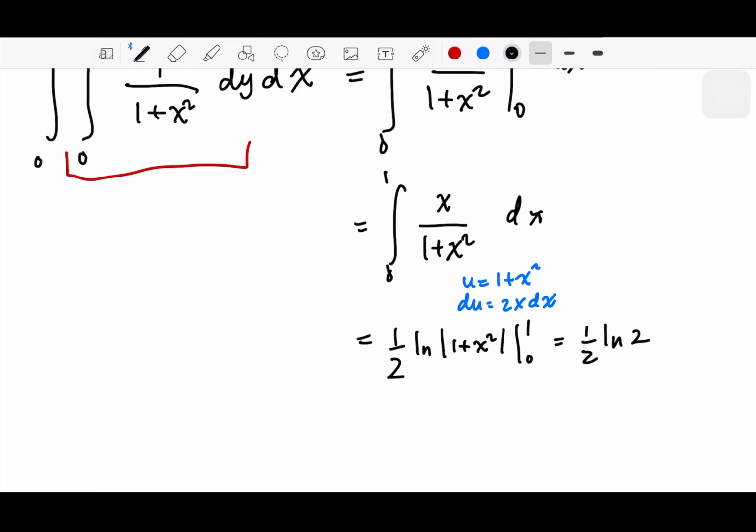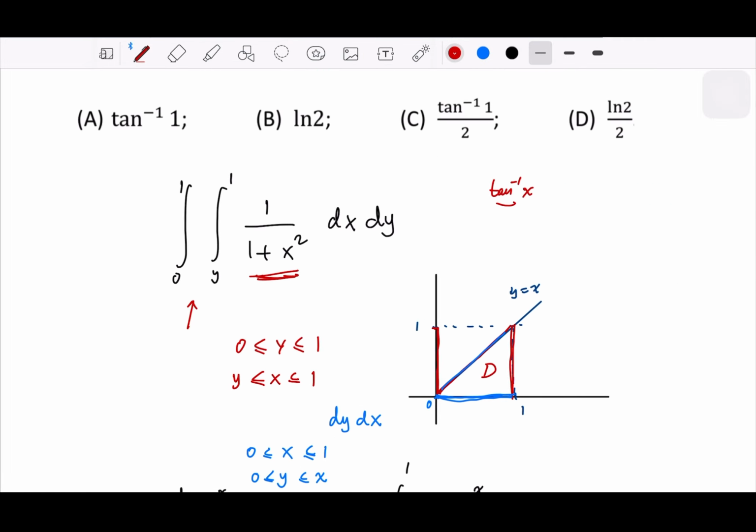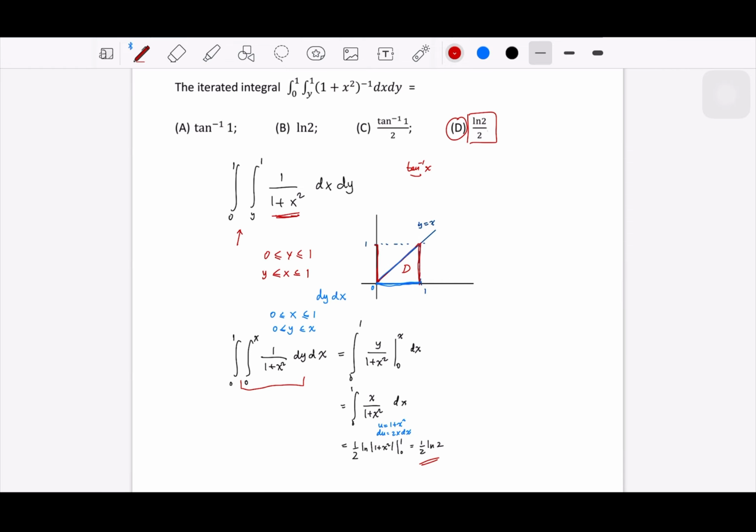Okay, and then this will be our answer. So this will be our answer, D. You get the same results as me? Now let's go for the next question that I have prepared for you.